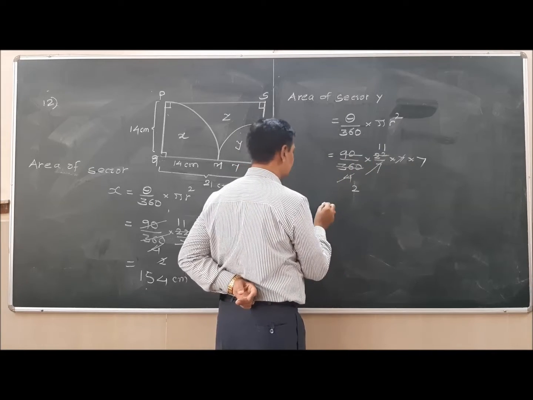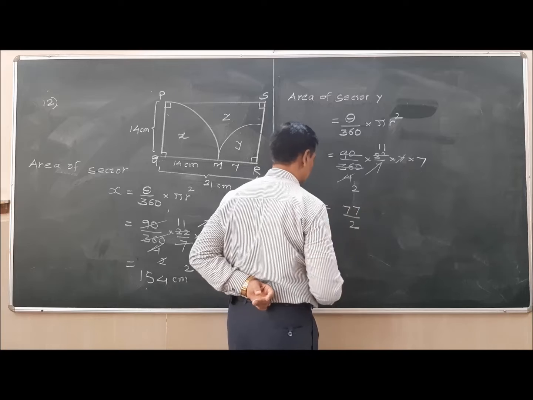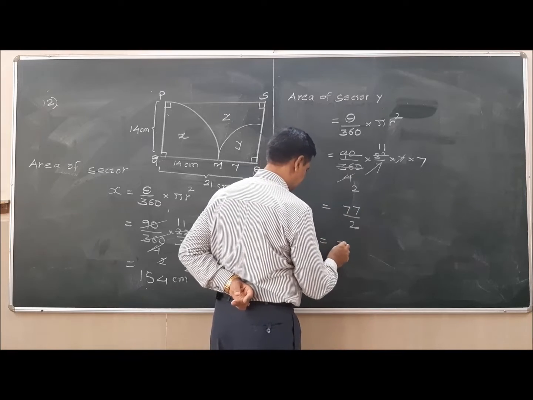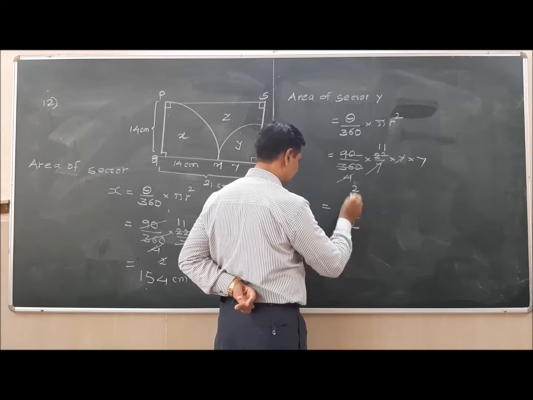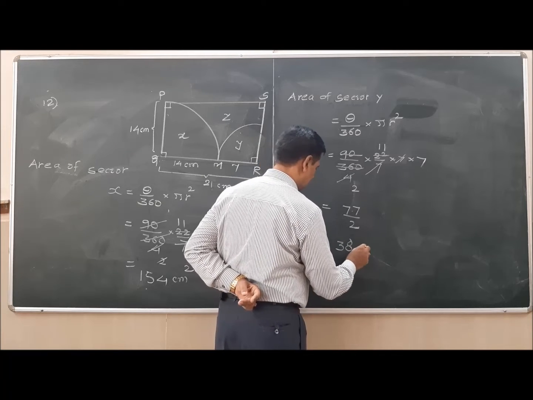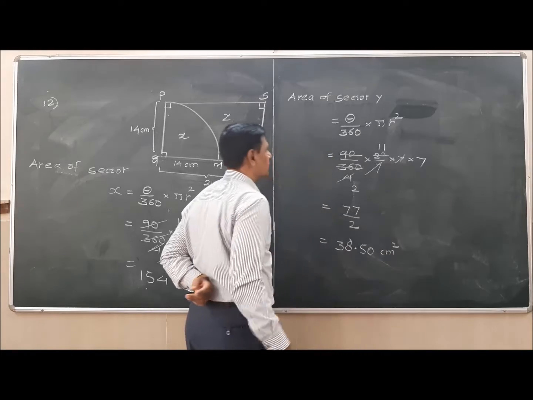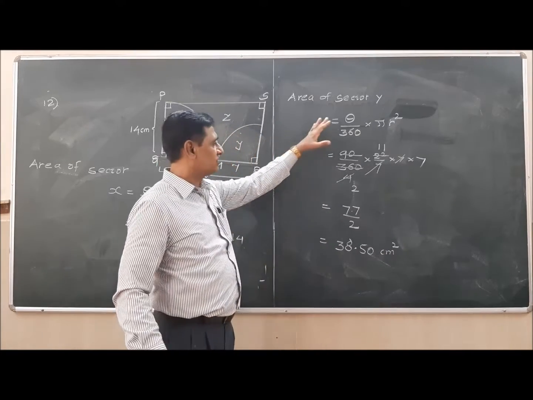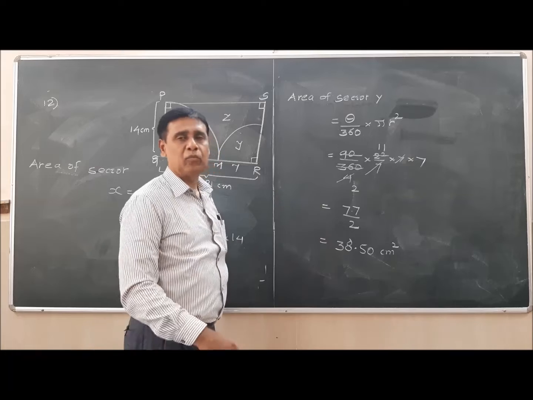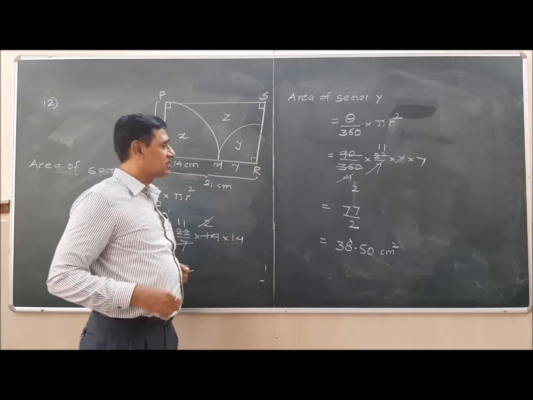So 11 7s are 77 upon 2. Now 2 3s are 6, plus 1 is 7, 2 8s are 16, and 2 5s are 10. So naturally, we got the area of sector Y as 38.50.